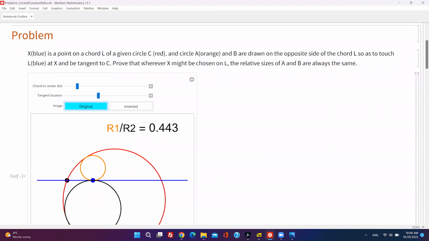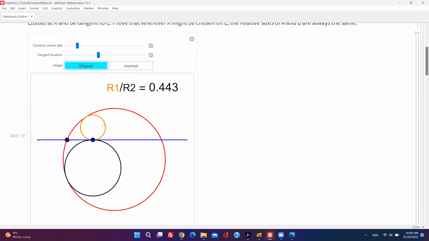So you have a fixed circle and you have a fixed chord, okay? The chord is the blue line, and the large circle is the fixed circle. You have a blue point on the blue line, and it moves around.